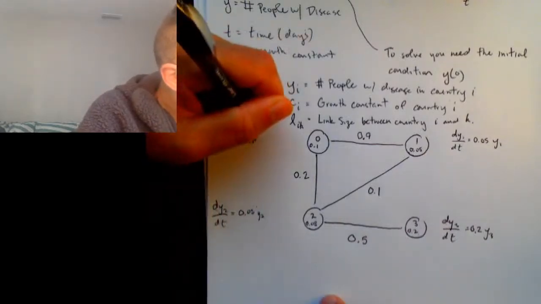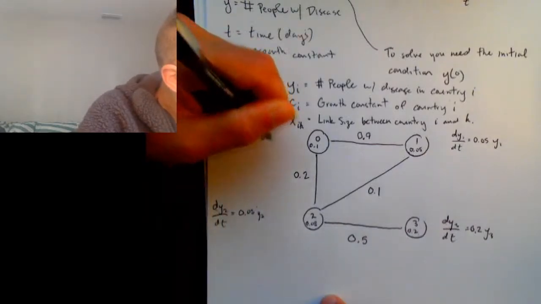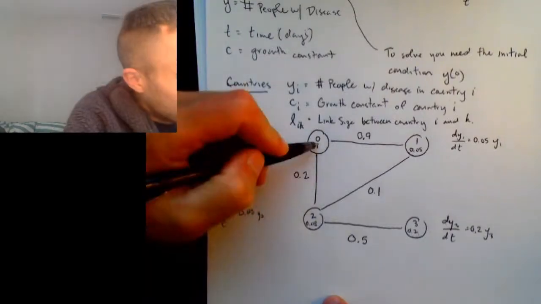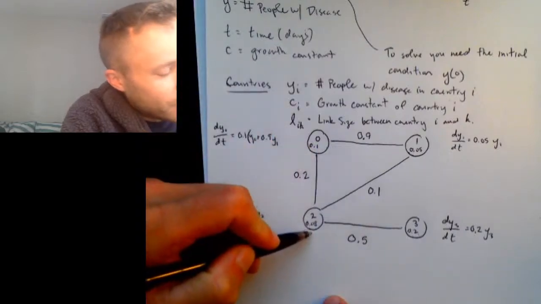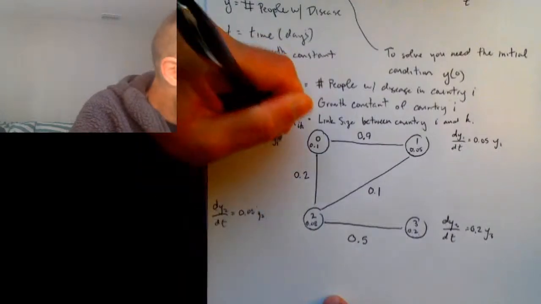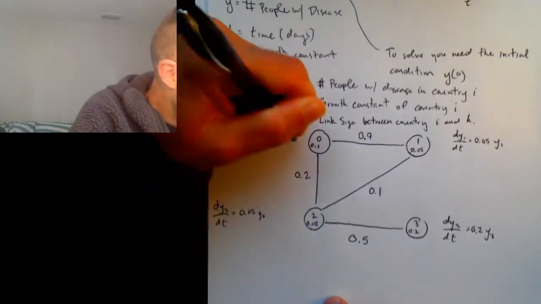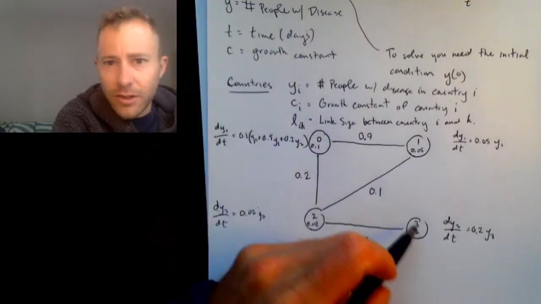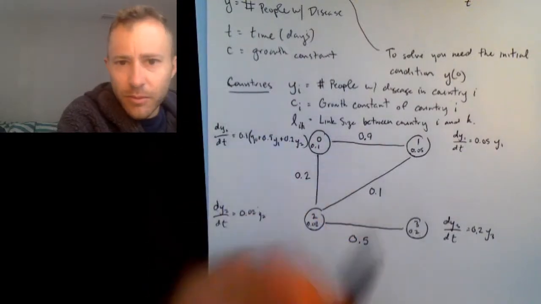So country 0 is linked to country 1 with strength 0.9. So I'm going to add plus 0.9 y1. Okay. Country 0 is linked to country 2 with a strength of 0.2. So then I'm going to have plus 0.2 y2. And it's not connected to country 3 because there's no direct link between them.